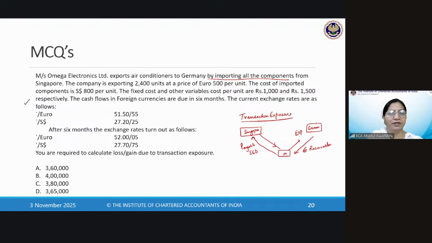How many units you are exporting? 2,400 units. What is the price per unit? 500. So your receivables are 2400 into 500 euros. These are in terms of euros. The cost of imported component is $800 per unit.